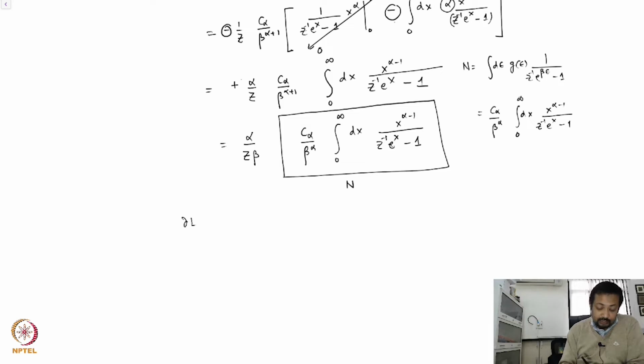So that del E del mu, temperature held constant, is beta times del E del z, temperature held constant, which is alpha over beta times alpha over z beta times n.